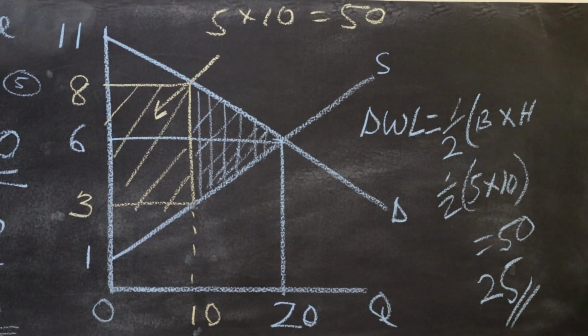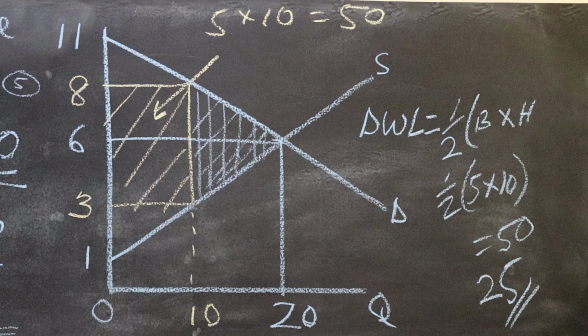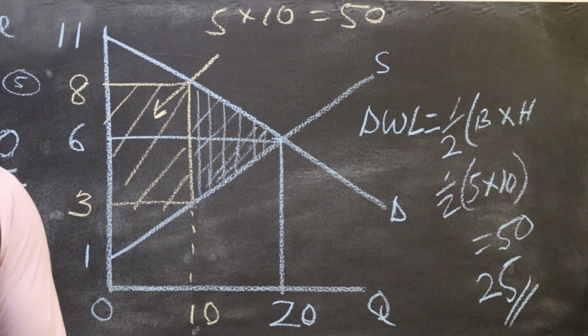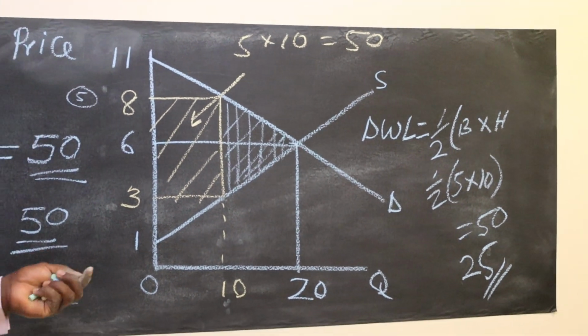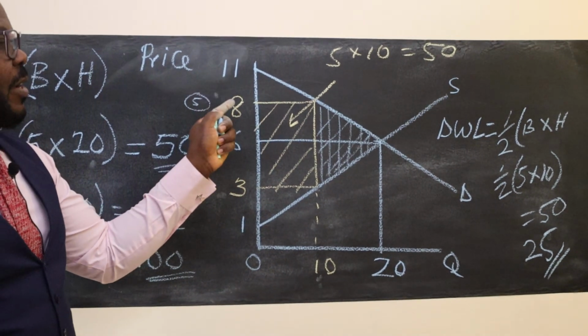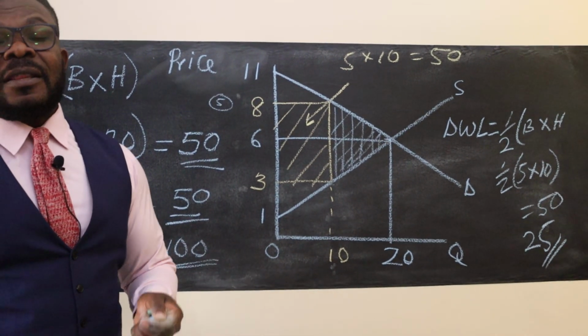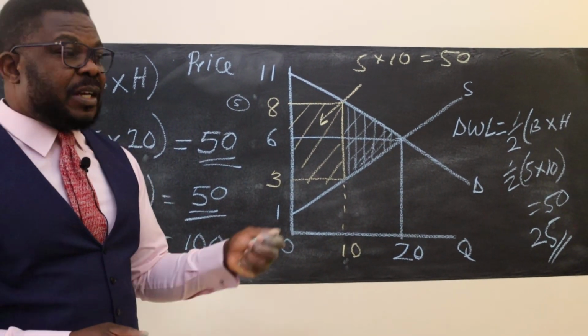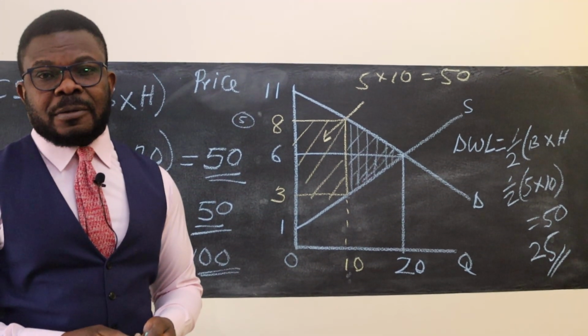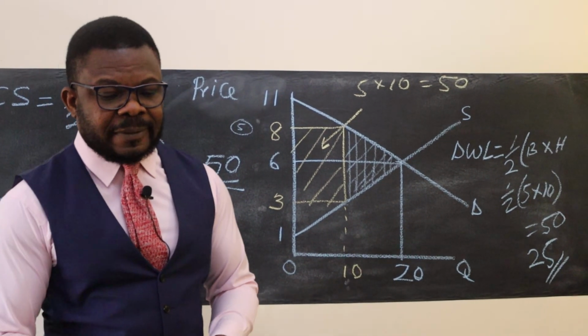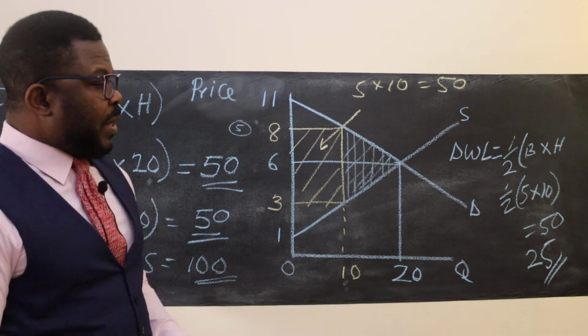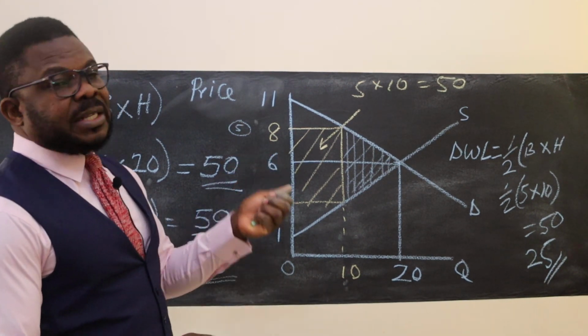So it's quite straightforward to work it out. In summary, here is what is happening. You have a number assigned to the purchases that consumers have made. You have a number assigned to the quantity that has been sold in the market. And you have different numbers in between.